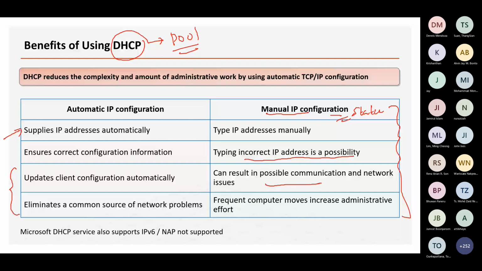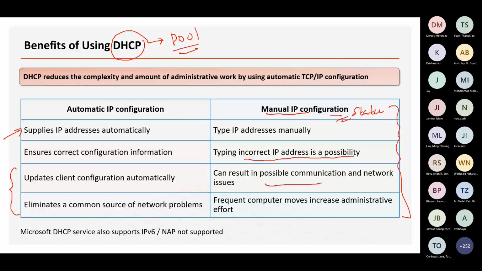The moment you connect, DHCP tracks and gives the IP address with the help of a lease duration. We'll see how the IP address is generally assigned here. By the end of the session, you need to understand that DHCP helps us reduce the manual effort.